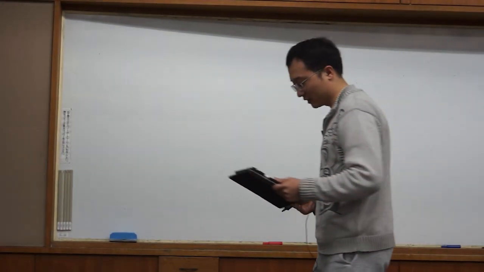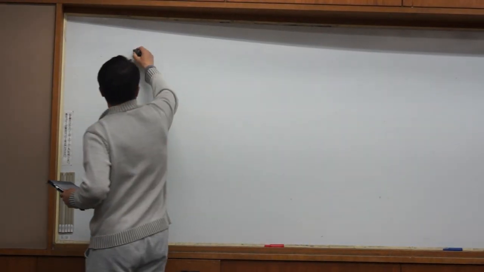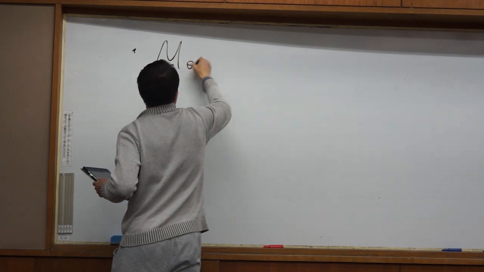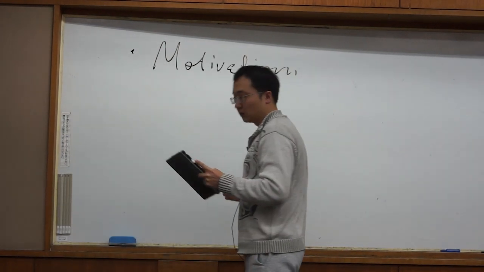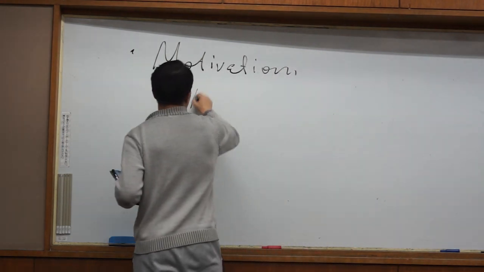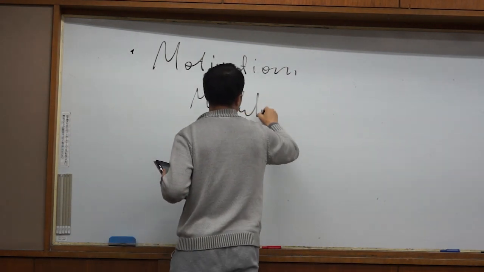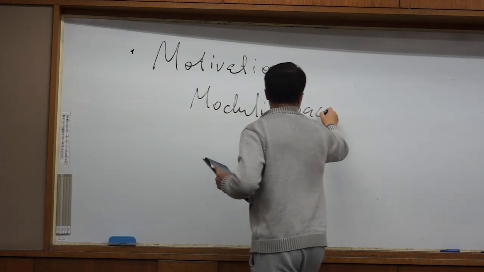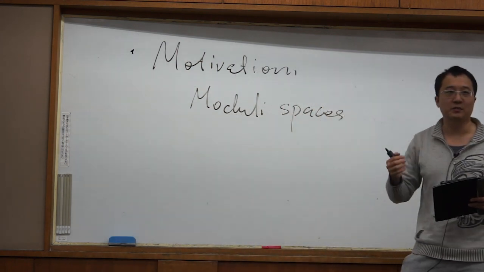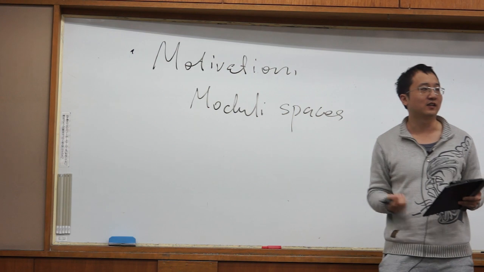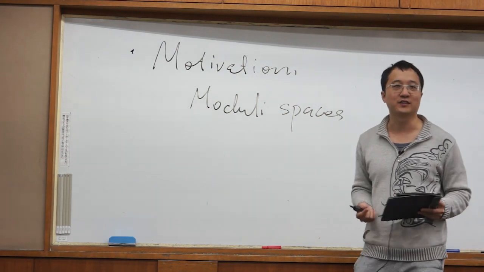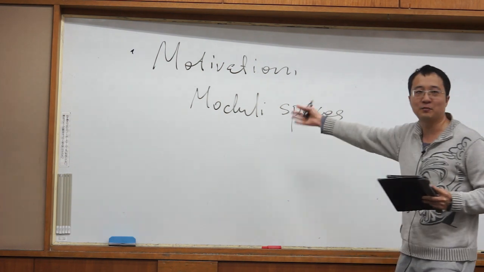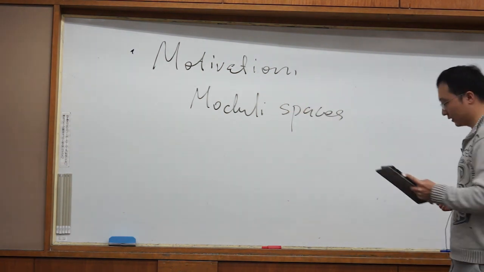I will first explain what I mean by tetrahedron instantons. First, let me give you some motivation. We know that moduli spaces are very interesting topics in mathematics, and many Japanese mathematicians, including some of the audience sitting here, have important works on this topic.